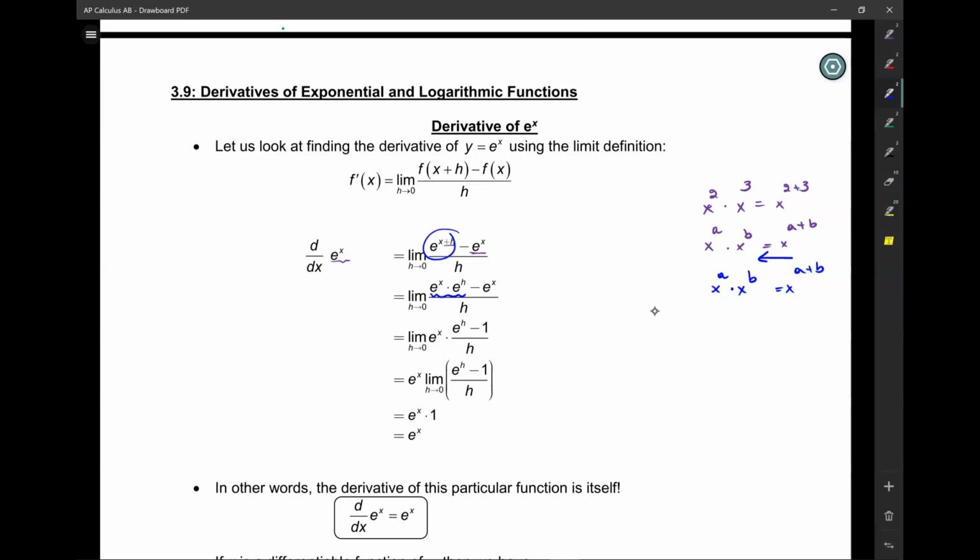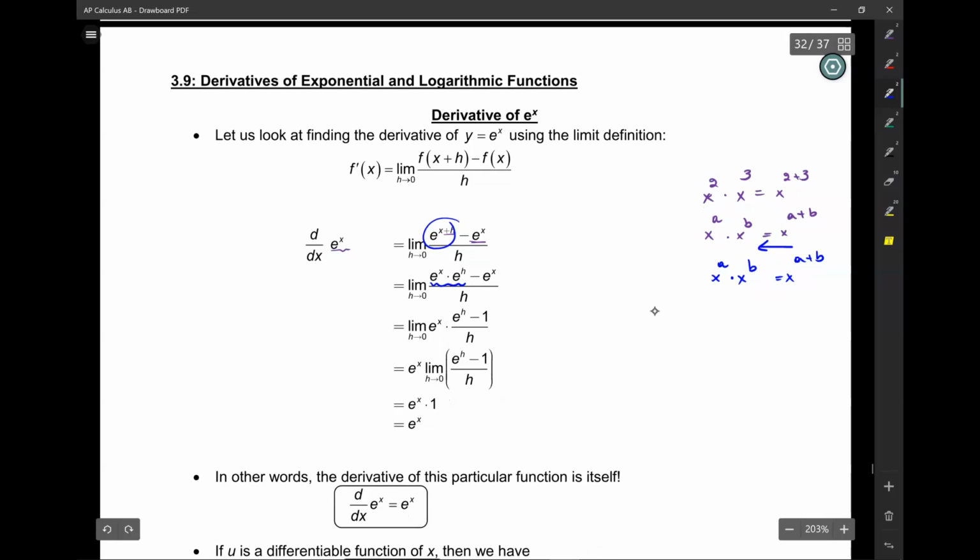Now look, you're going to have to do this all the time in later chapters, so it's a good idea to learn it now. Now look what we have: e to the x times something, minus e to the x. You can factor out e to the x, and when you factor out e to the x, you're left with e to the h minus 1 over h.